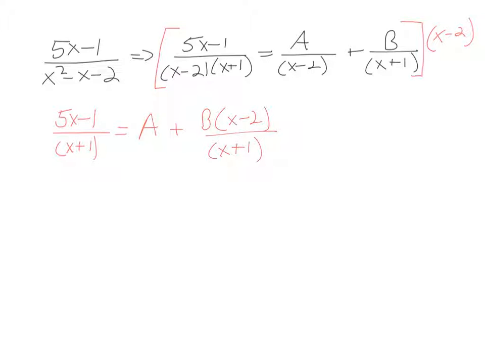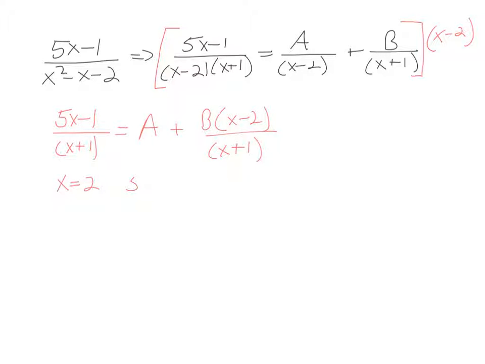All right, now I want to solve for a. So I'm going to do something a little bit clever here. And I'm going to say, what does this turn out to be when x equals 2? So I'm going to plug x equals 2 into what I got right here, and I'm going to see what I get.